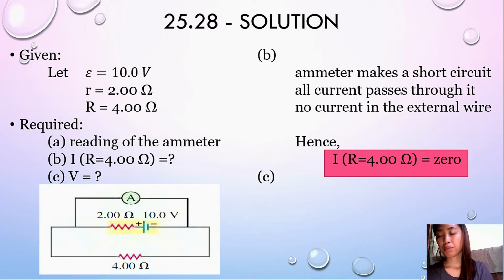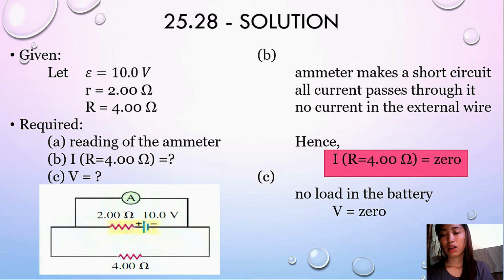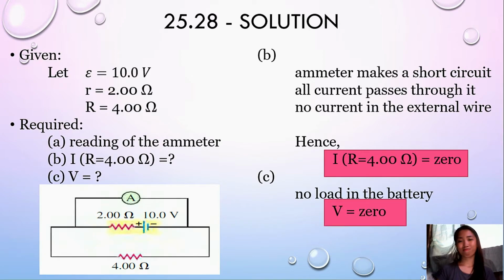In letter C, the terminal voltage of the battery in this case is 0 because the ammeter acts like a wire with 0 resistance, therefore, no load on the battery, hence, no voltage drop and no terminal voltage. So V equals 0.